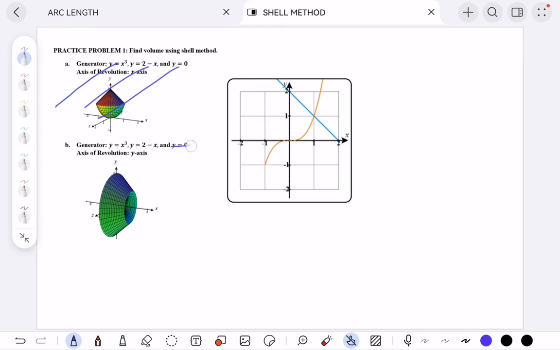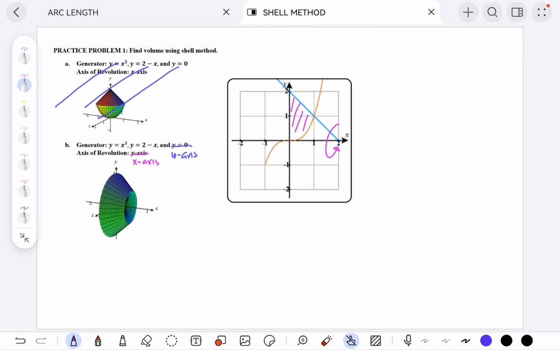Now, letter B. As I have said, this is the y-axis, so it will match the given solid on the screen. The generator is this part here. This time we will be revolving it with respect to the x-axis.